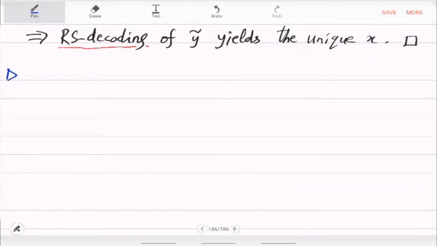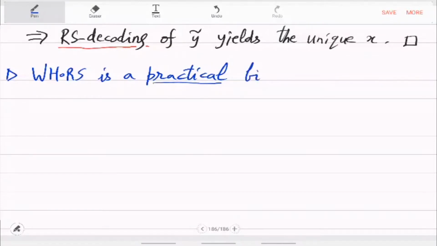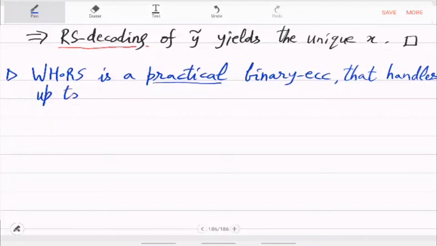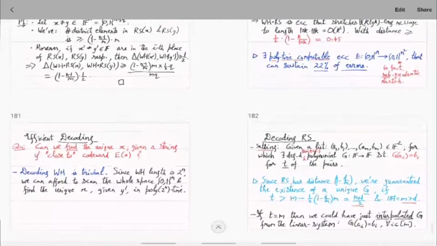What we have learnt is that Walsh-Hadamard Reed-Solomon is a practical binary, linear error correcting code where encoding and decoding are both polynomial time, and it handles up to... For Reed-Solomon, what did you learn before?